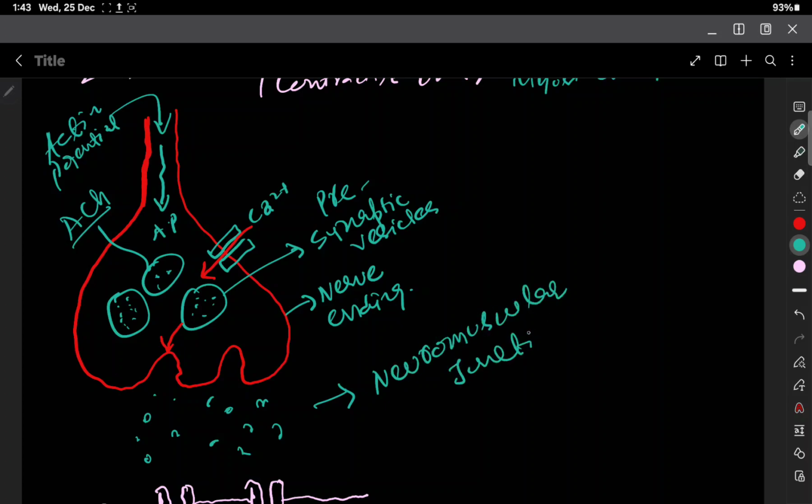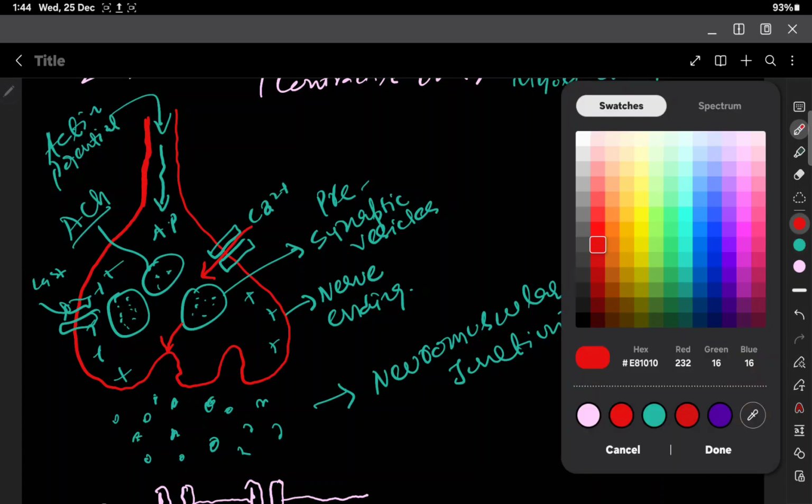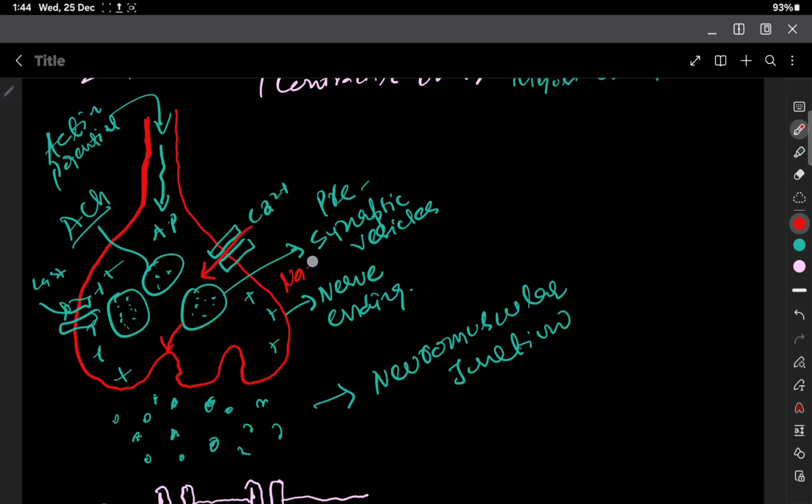Now the neurotransmitter will be released, and which type of neurotransmitter is released here? Acetylcholine. So calcium enters inside the cell. First the cell was negatively charged from the inside. Now when the calcium enters, it becomes positively charged. Calcium enters from here and here also, Ca2+, and outside there is a high concentration of sodium, Na+.